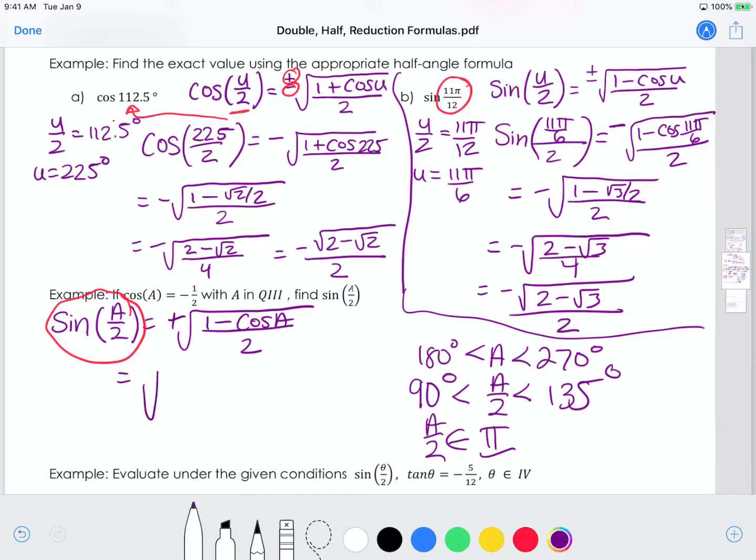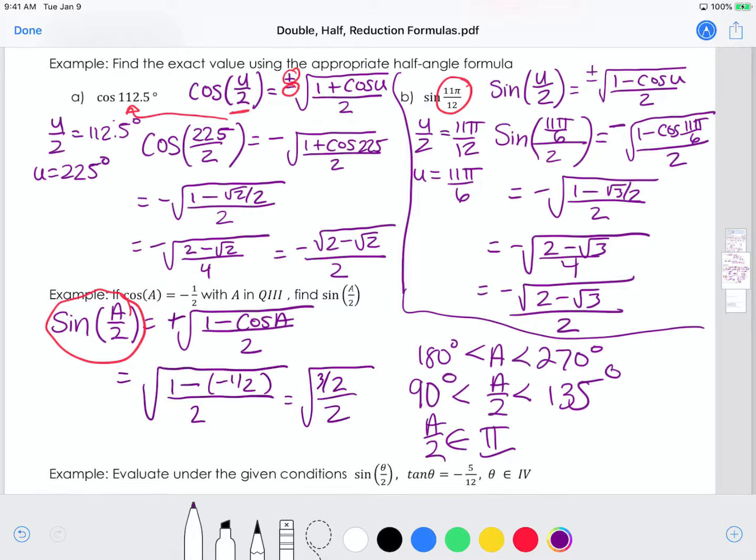So I have the square root of 1 minus cosine of A, which they give us as negative a half. Be careful with those double negatives. There's a minus in the formula, and then cosine is also negative. So I have 1 minus a negative a half, which gives me 1 plus a half, which is 3 halves.